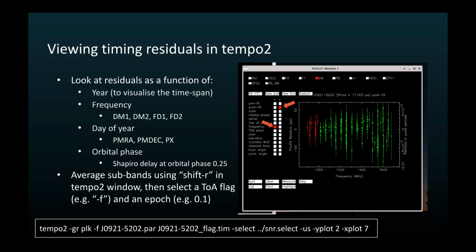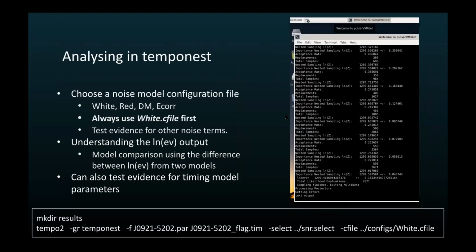Okay, so we've looked at our data in Tempo 2. Now we want to actually analyze it in TempoNest. This is the program that we use to fit those noise parameters. The way we do that, and Aditya briefly went into this as well, is you choose a noise model by choosing a TempoNest configuration file.